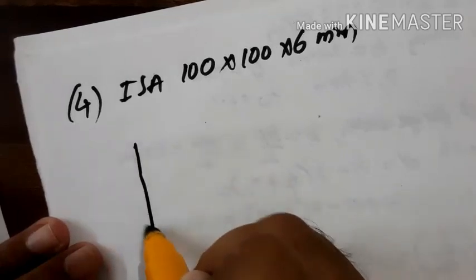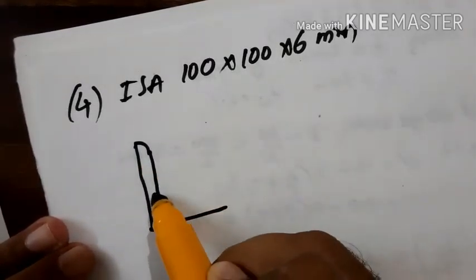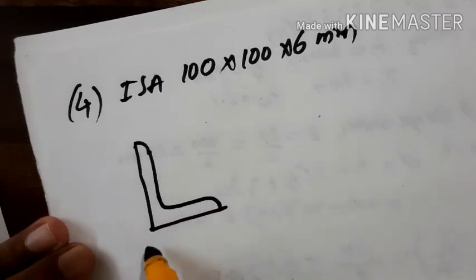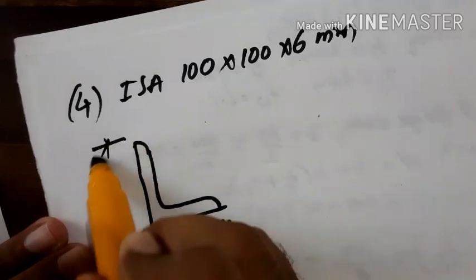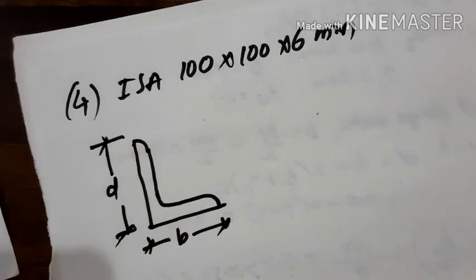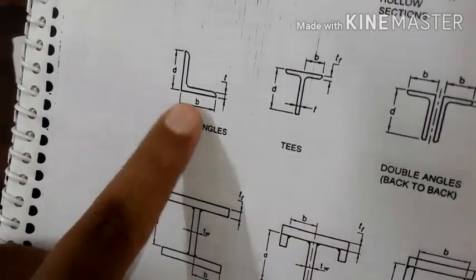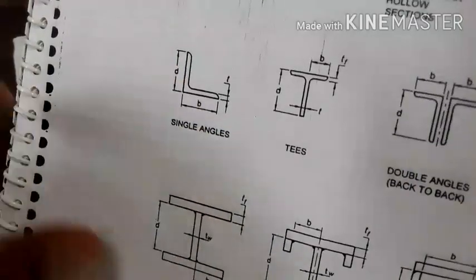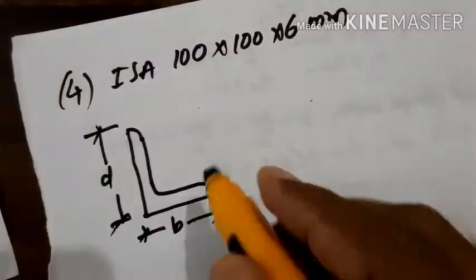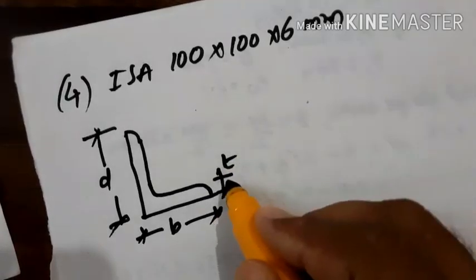As per the code, in this single angle section, this is the width and this is the depth given. Again this will be the thickness.